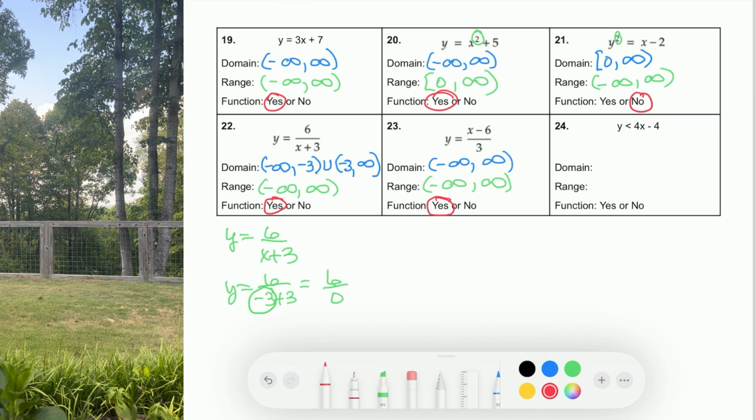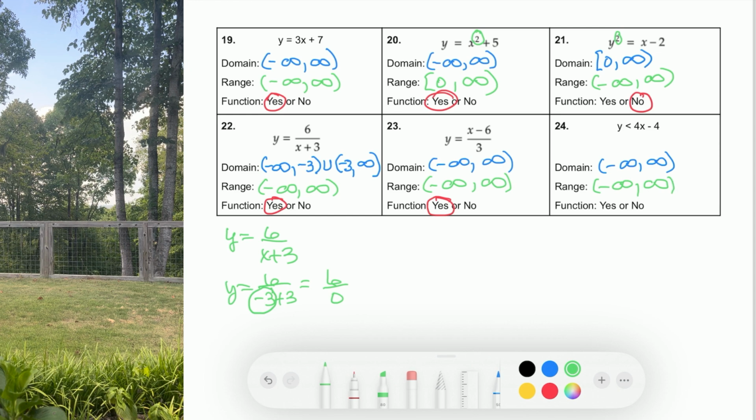Number 24, we have y is less than 4x minus 4. So let's think about our domain. Are there any limits to what we can put in for x to get a unique y? No, it's infinite. So -infinity to positive infinity. We have the same thing for our range. There's no limit. Now we need to think about if it's a function.